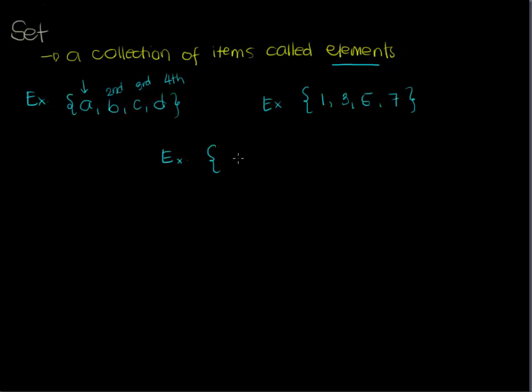Sets of fruits that are circular. We can say apple, grapes, and watermelon. Okay. All right, so these three are examples of a set.